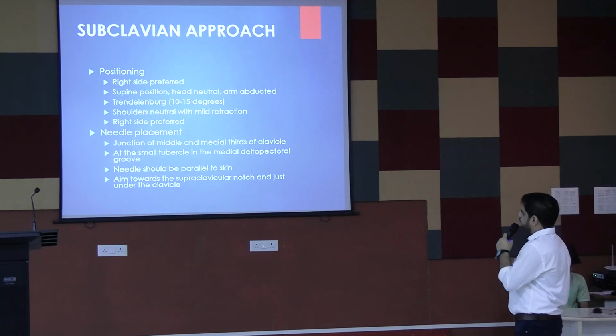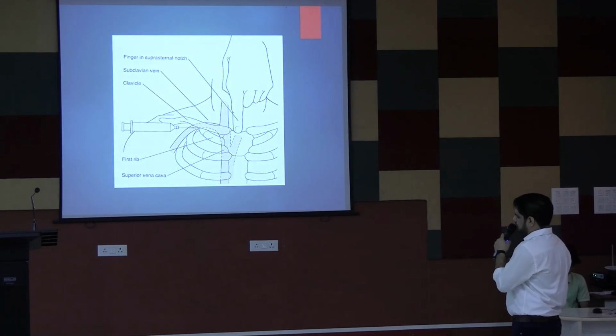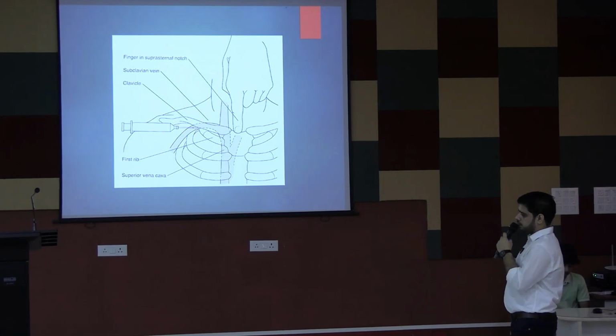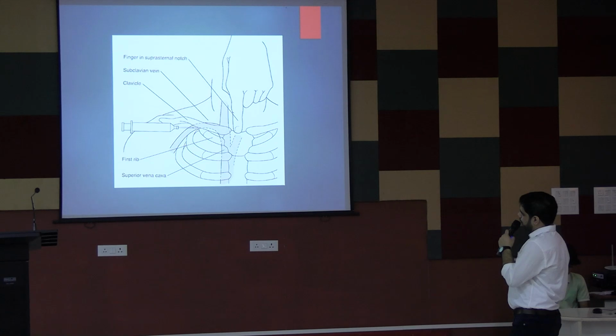Subclavian approach. In the subclavian approach, the actual site is 2 cm below and 2 cm behind the lateral border of the sternocleidomastoid, and the needle is introduced toward the opposite shoulder.